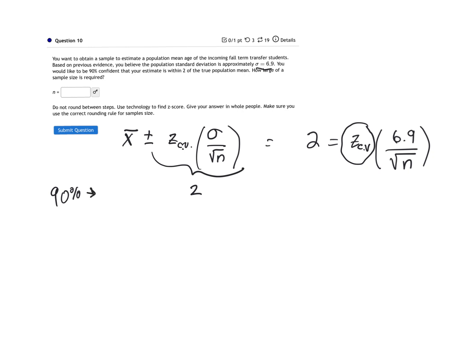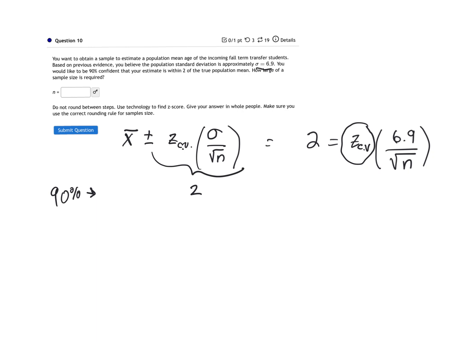We're going to use some technology for this. We're going to go to our TI-89 or to our Minitab and figure out what that z critical value is. To do that, on your TI-89 or your calculator, you're going to go into the distribution button, second distribution, go to inverse normal.